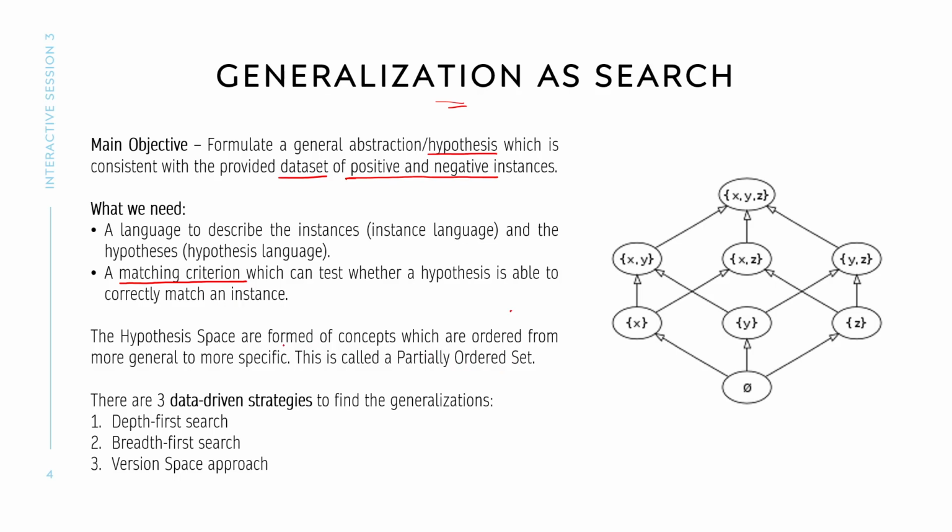Usually, the tree is written with the most general thing at the top, and then more specific and more specific like that, right? This sort of ordering is a partially ordered set.